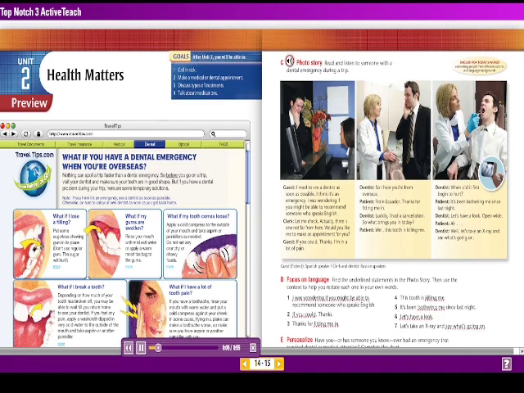Photo story. Read and listen to someone with a dental emergency during a trip. I need to see a dentist as soon as possible. I think it's an emergency. I was wondering if you might be able to recommend someone who speaks English. Let me check. Actually, there is one not far from here. Would you like me to make an appointment for you? If you could, thanks. I'm in a lot of pain.